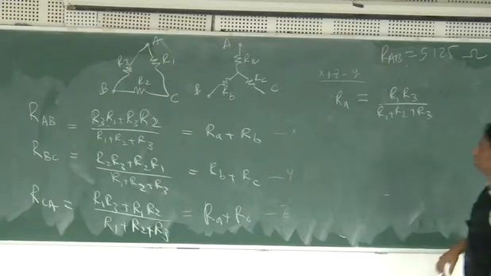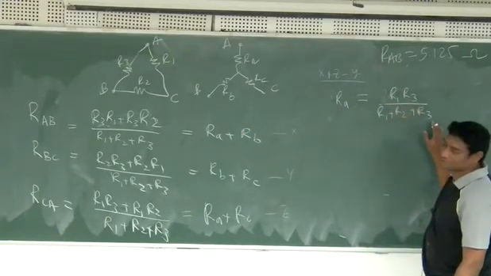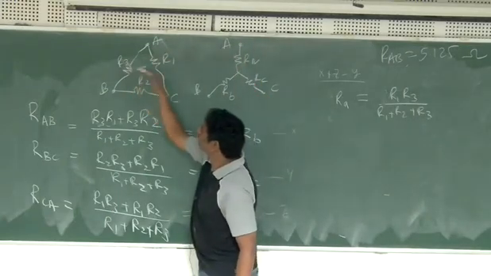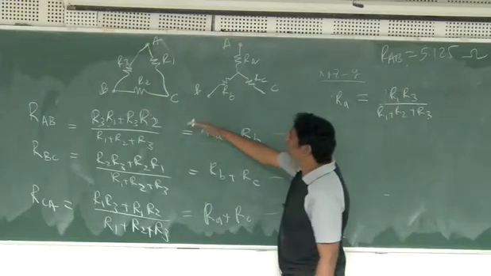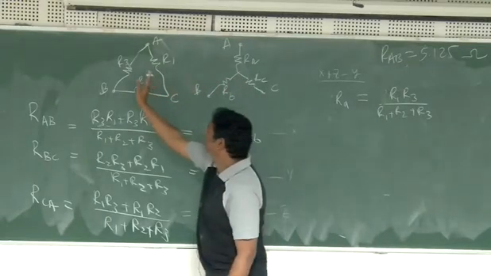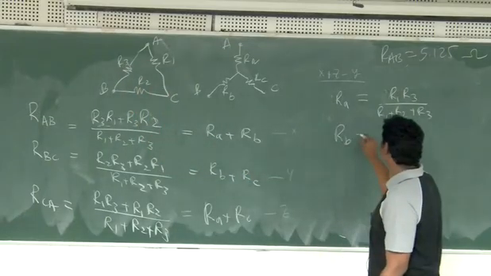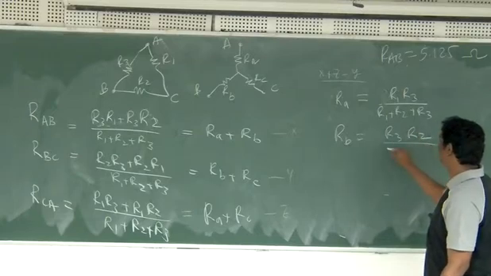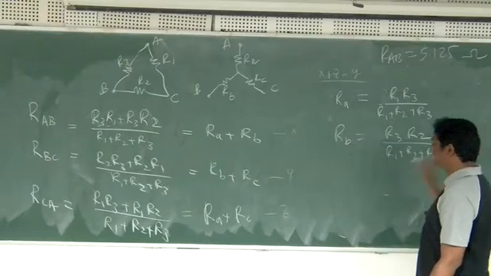If you look here, RA is nothing but R1 R3 divided by the sum of all three. So this value is the multiplication of these two, divided by the sum of all three. By that analogy, what is RB? RB equals R3 R2 divided by R1 plus R2 plus R3. What is RC?